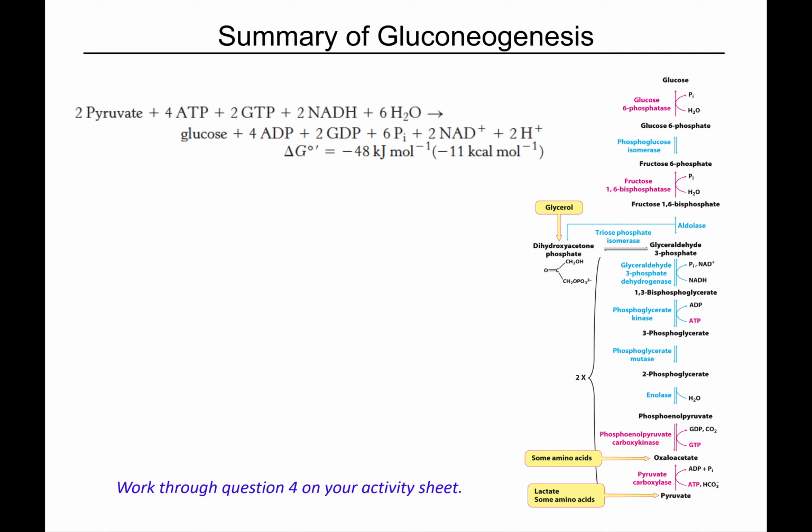Okay, so overall, the free energy change of gluconeogenesis, of converting 2 pyruvates to 1 glucose, is quite spontaneous, minus 48 kilojoules per mole. Okay, the one thing that I really want to point out is reversing glycolysis is not a zero-sum game.